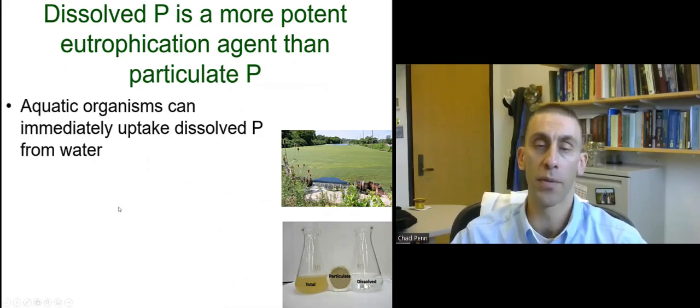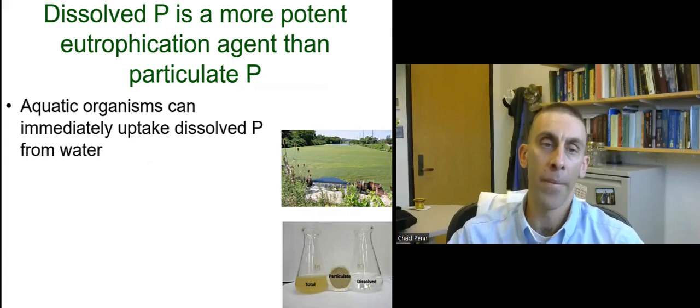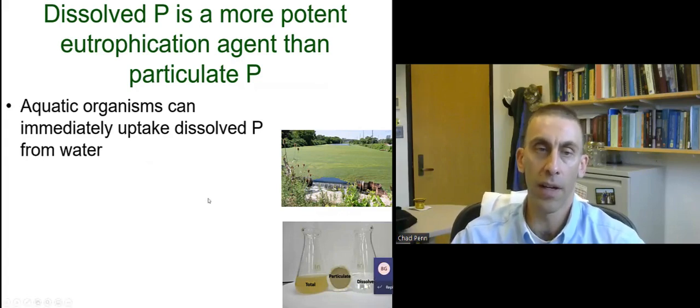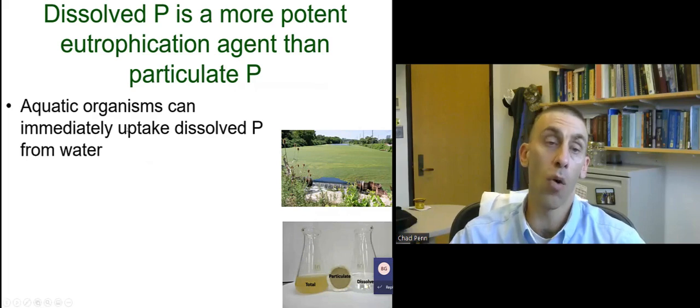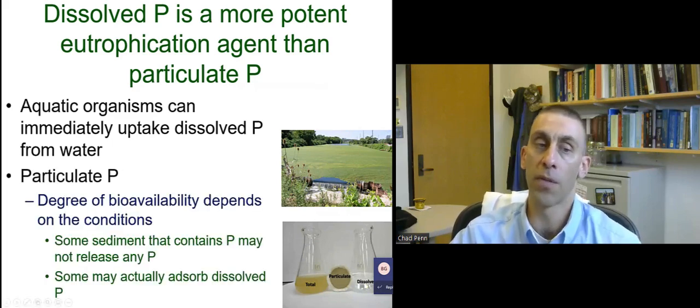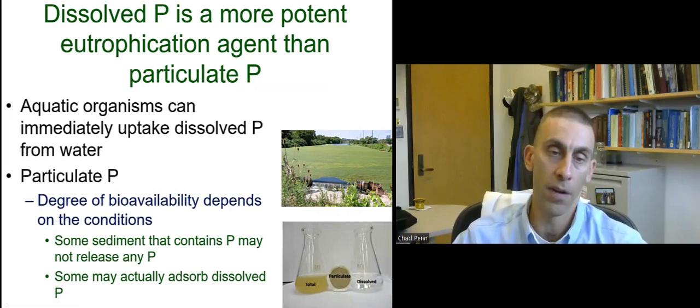Again, particulate phosphorus is that P that's bound onto sediment, and the deal is that aquatic organisms can immediately take up dissolved phosphorus from water. It's immediately bioavailable. Plants can start to grow. That's not true for particulate phosphorus. Its bioavailability depends on the conditions of the water body.